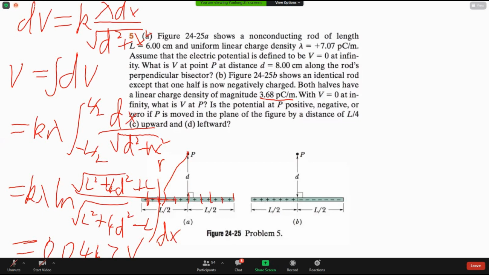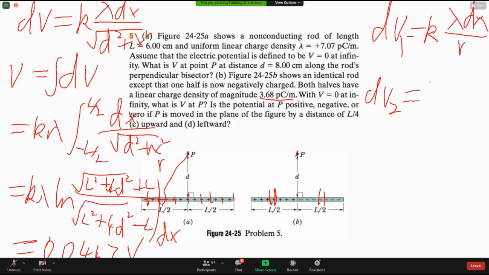You can divide the rod into many dx first, and for each dx you can find a symmetric location with another dx, and calculate the voltage generated at P. So dV1 equals k lambda dx over R from the left side, and on the other side dV2 equals minus k lambda dx over R. The reason it's a minus is that the charge's sign was flipped over, and the value of R is the same because of symmetry. So if you add dV1 plus dV2, you just get 0.